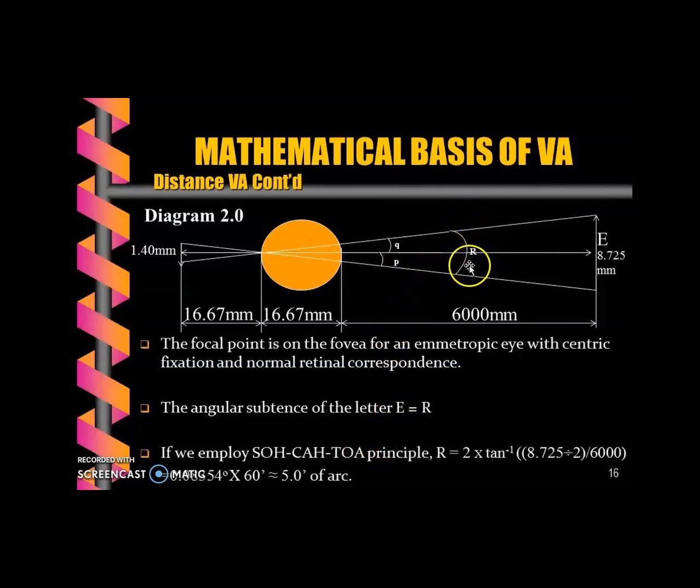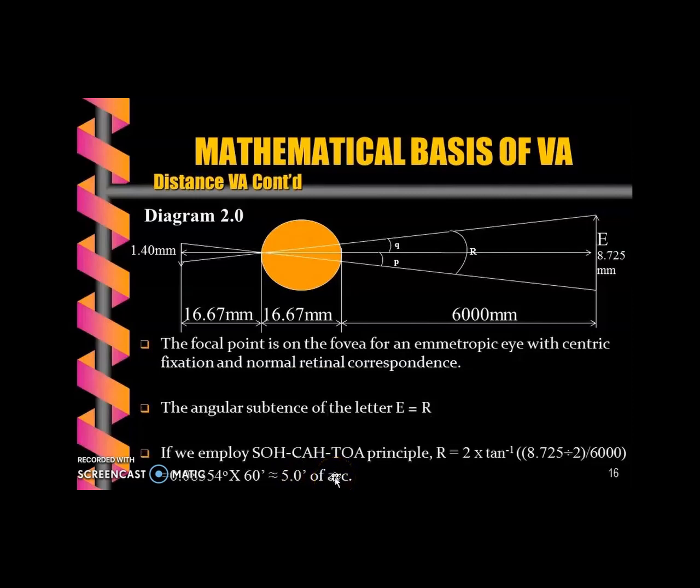If we make R the subject, it means we have to use the tan, which is opposite over adjacent. And when we do this, this is the formula: R becomes 2 tan inverse of 8725 divided by 2, divided by 6,000, and this will give us approximately 5 minutes of arc.